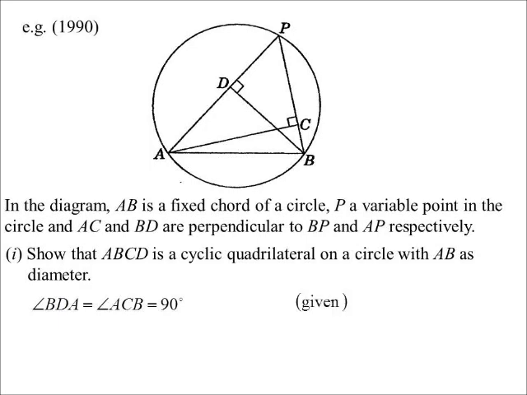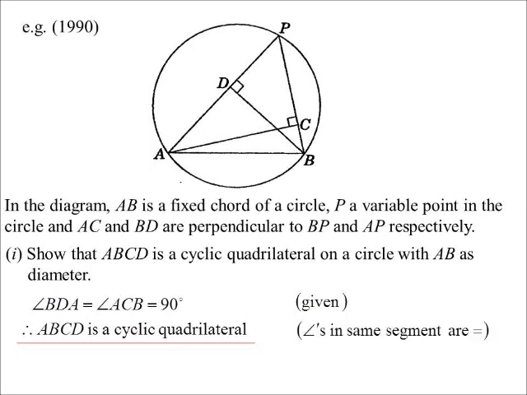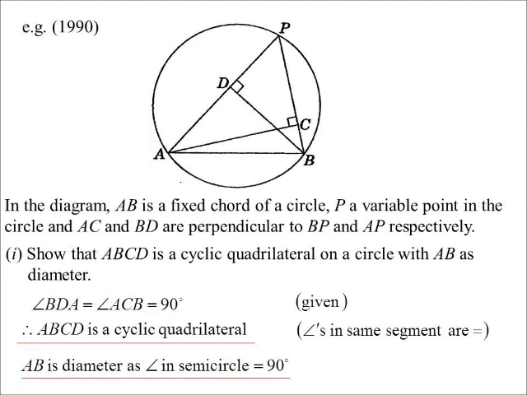That's information given to me. Well, that's enough to say it's a cyclic quad, because it means they're both angles in a semicircle. And it must be the same semicircle. Angles in the same segment are equal, I'm using there. And AB, therefore, is the diameter of that semicircle. Okay, so that was probably the gift mark, I guess, of the question.